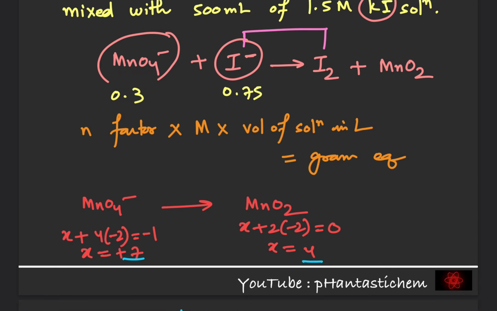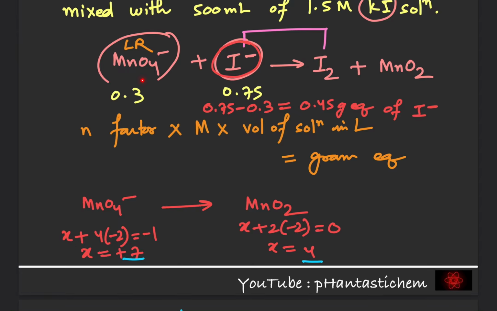Okay, so MnO4 minus is the limiting reagent, and so therefore 0.3 gram equivalents of MnO4 minus will react with 0.3 gram equivalents of I minus to give 0.3 gram equivalent of I2. Okay, so therefore you can see I minus is clearly in excess. So therefore 0.75 minus 0.3, that is 0.45 gram equivalents of I minus will be left unreacted.